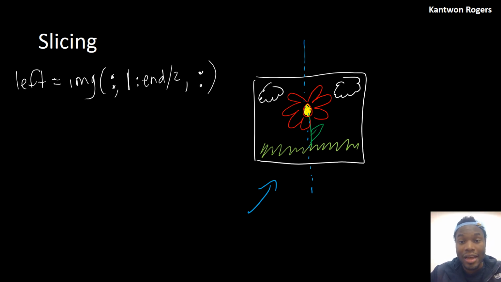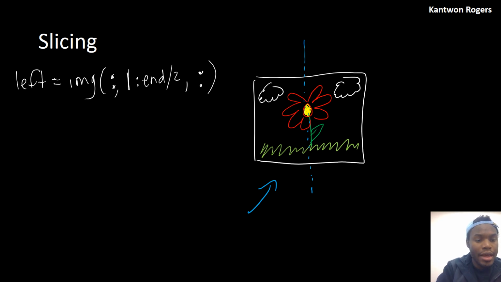Right there, I now have the left half of my array, or my image. With slicing, you need to be able to index all the different parts of an image: the left half, the right half, the top half, the bottom half, and also all 4 quadrants of your picture or your array. Let's quickly go over how to do all of those.